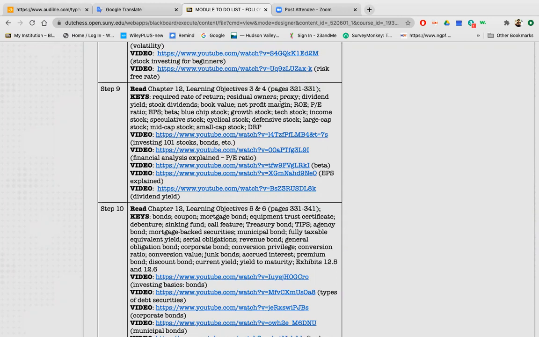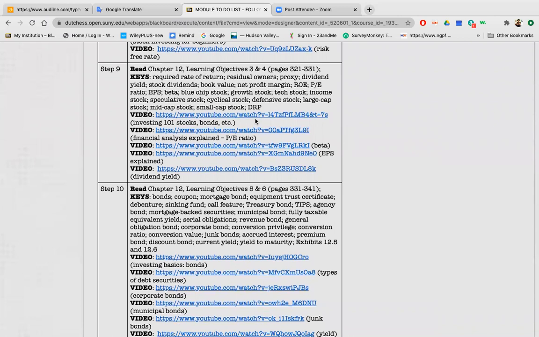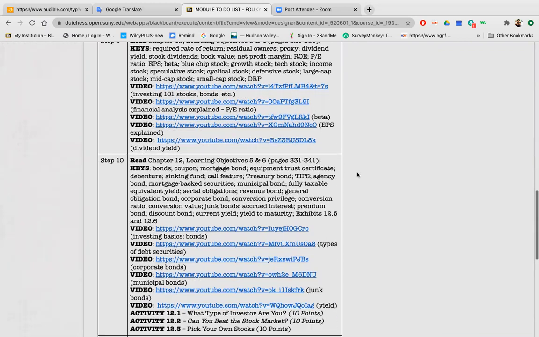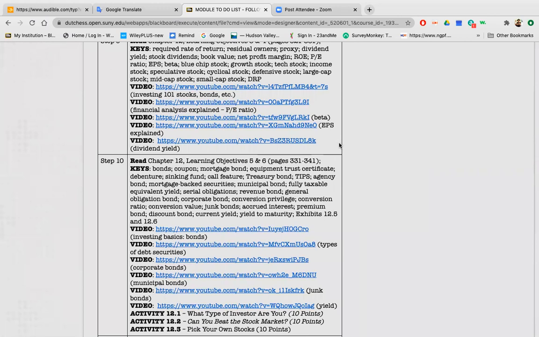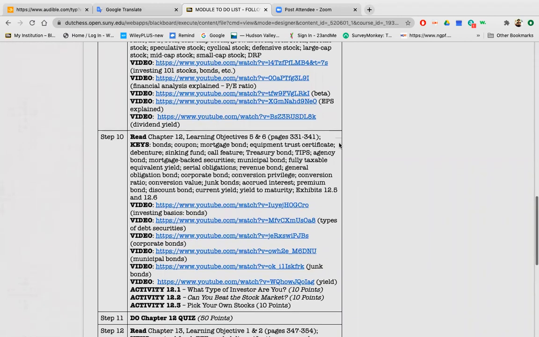It also introduces you to some common terms that are used, such as rate of return, dividends, dividend yield, book value, return on equity, PE ratios, beta, all important little things to understand. And there are some great videos here, Investing 101, some financial analysis explained, all important for you to understand. These are all short videos, about 3 minutes apiece.